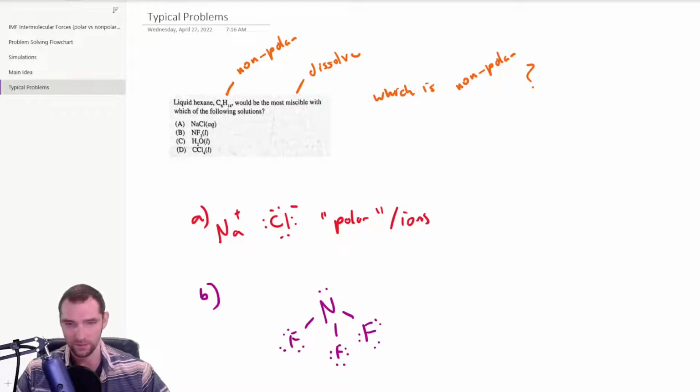Nitrogen has 5, so it can give 1 each with 2 left over. So it's kind of also like NH3. It has the same sort of format there. So if we look at this, these bonds, they're all going to be polar. These two things, nitrogen and fluorine, they are different atoms. They're going to hold on to the electrons differently.